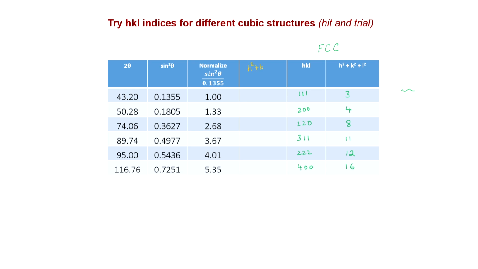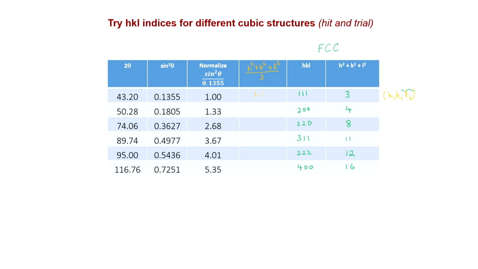Here also we do the same thing. H square plus K square plus L square divided by H1, K1, L1, the index that we have assigned to the first peak, which is 1, 1, 1, so divided by 3.